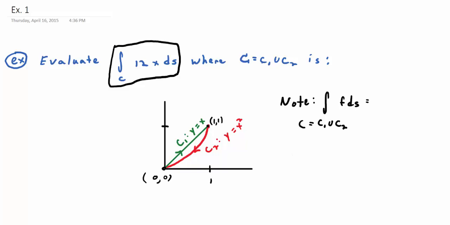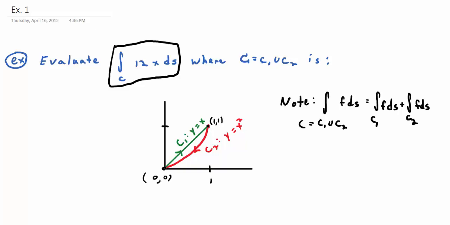You could integrate over one curve at a time and add. That shouldn't come as too big of a shock based on all your experience with integrals. So the integral over C1 union C2 would be the integral over C1 plus the integral over C2. In other words, integrals are additive. They've always been additive. There's no reason to expect this to act differently.